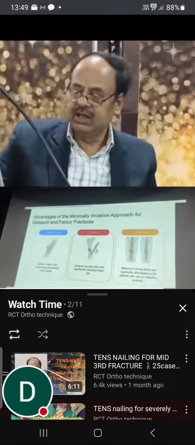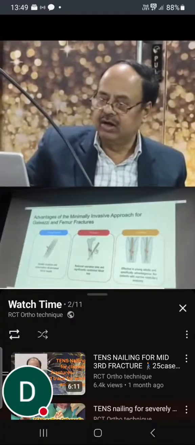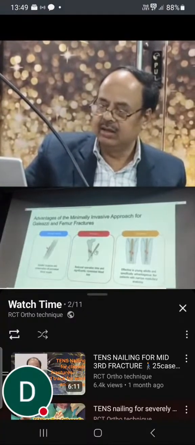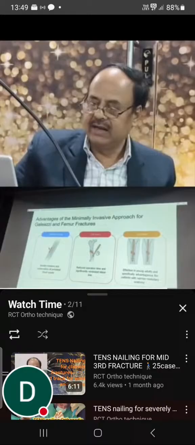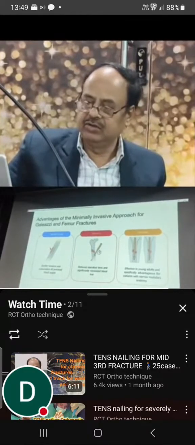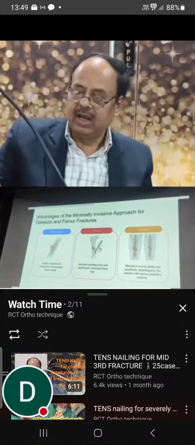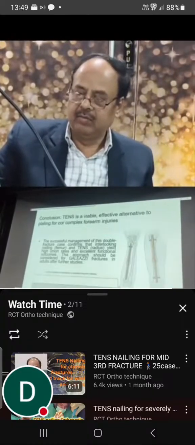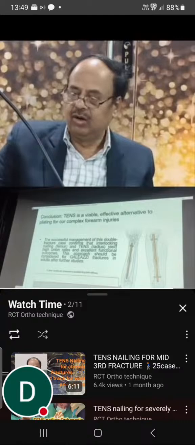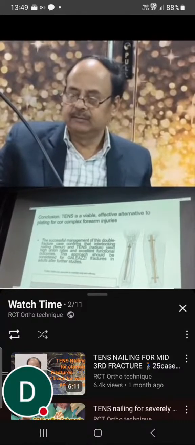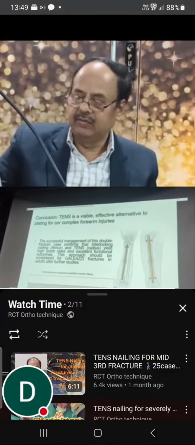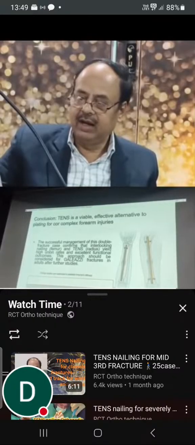The advantages of this minimally invasive approach for Galeazzi fracture and femur are that it is minimally invasive, reduces operative time, and significantly minimizes blood loss. And this is the conclusion: TENS is a viable, effective alternative to plating for complex forearm injury.